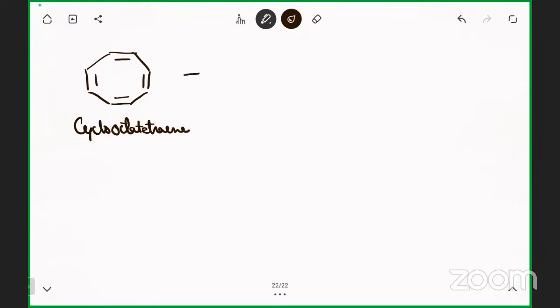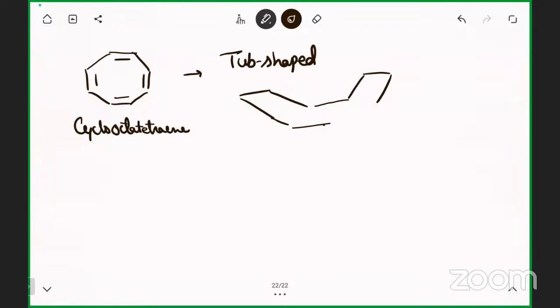The cyclooctatetraene compound has a tub-shaped structure. So generally this compound is non-planar.